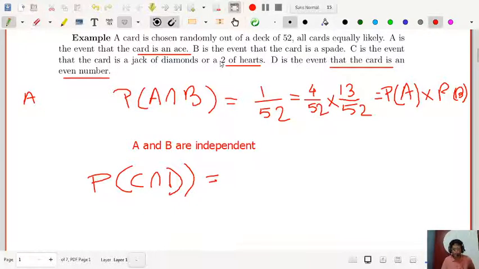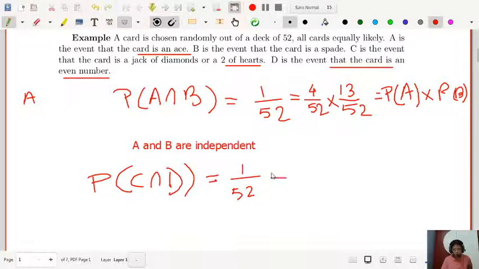So there is only one possibility, because if it is an even number, then it must be 2 of hearts. It cannot be jack of diamonds. It must be 2 of hearts, because you are taking C intersection D, and D is the card is an even number. So 1 by 52.